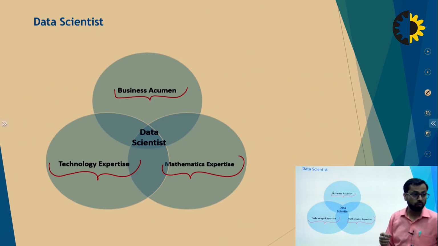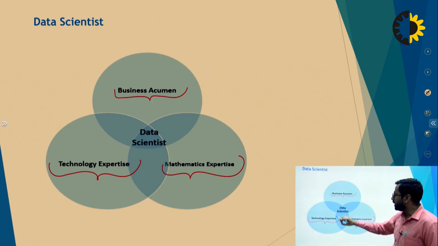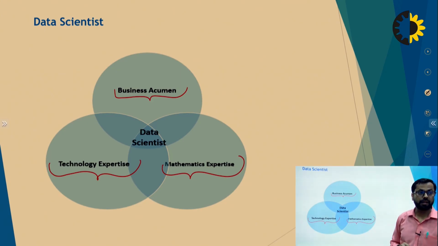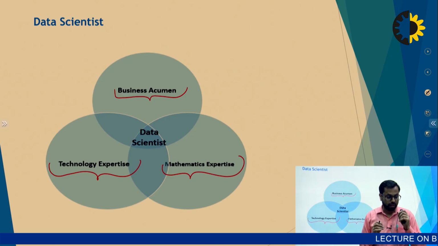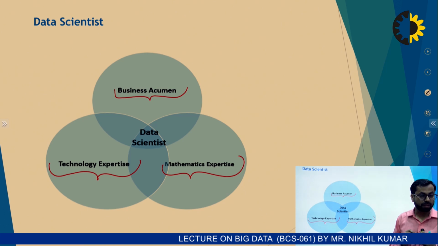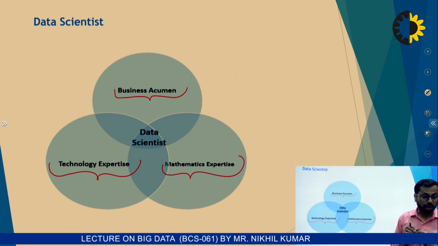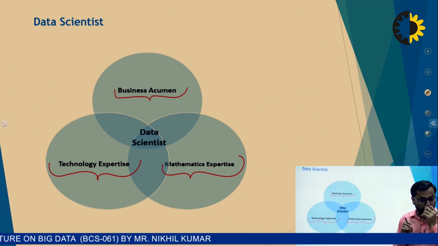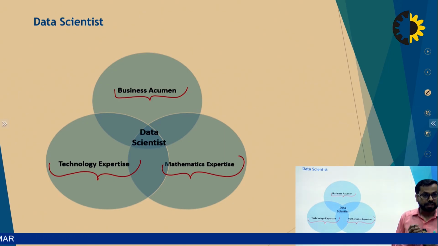When we collaborate these three domains, the first is business acumen, the second is mathematical expertise, which works with mathematical tools for statistics, for input and output, and for calculating things like profit, loss, and business aspects.